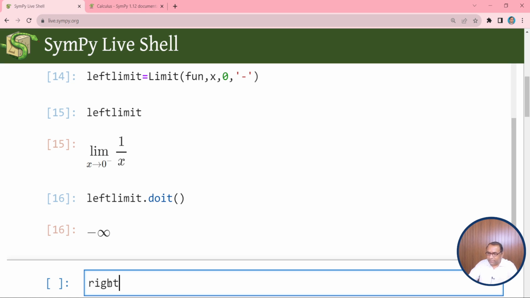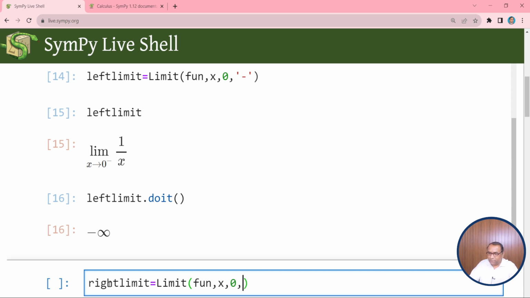Here is right limit. This is the assignment variable. You can take another name for any assignment variable, but I am choosing right limit here. Here is limit, then I have the function fun comma x approaches 0.